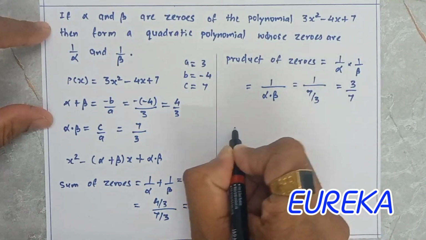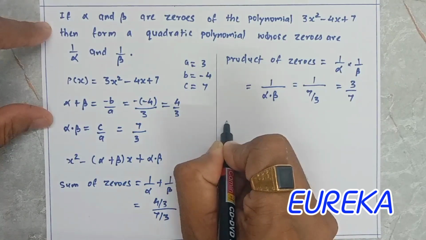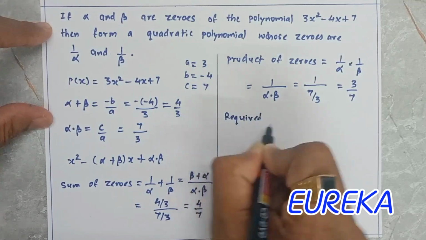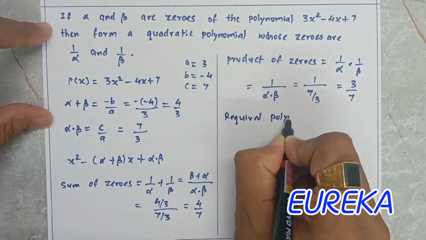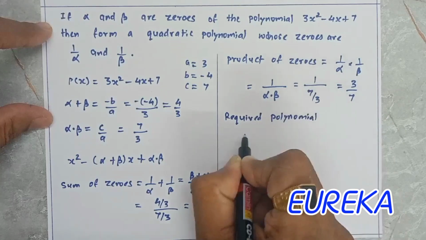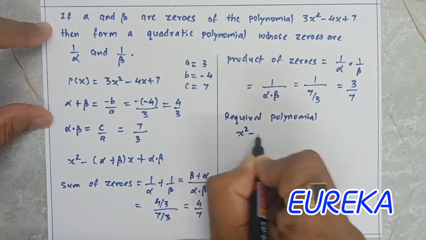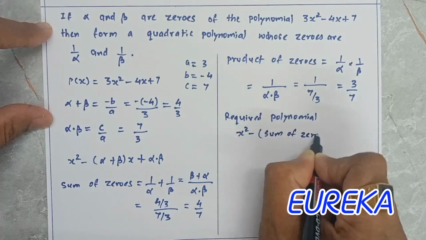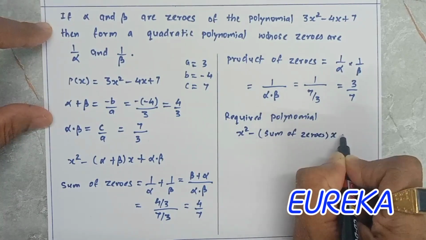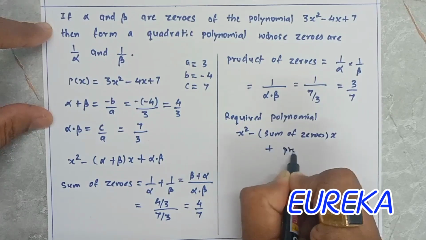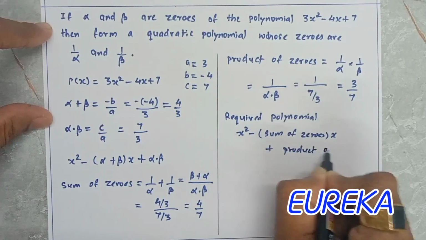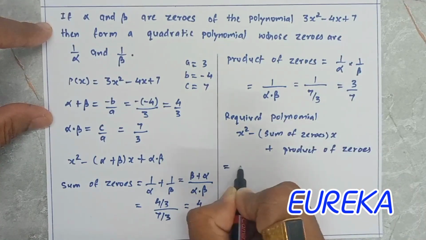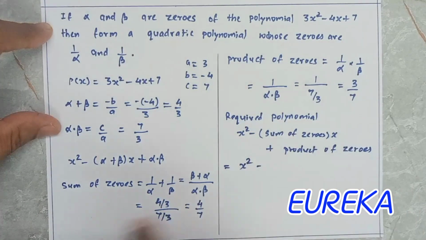Now what is the polynomial? We know that the required polynomial is given by x square minus sum of zeros into x plus product of zeros. So x square minus, what is the sum of zeros?